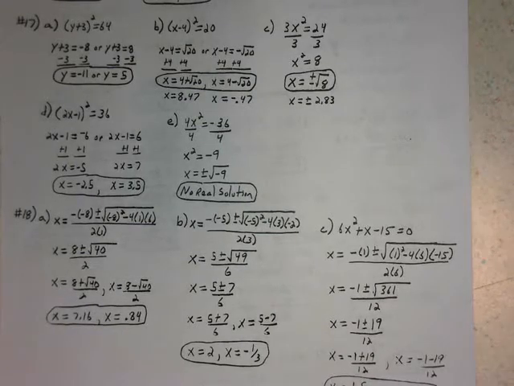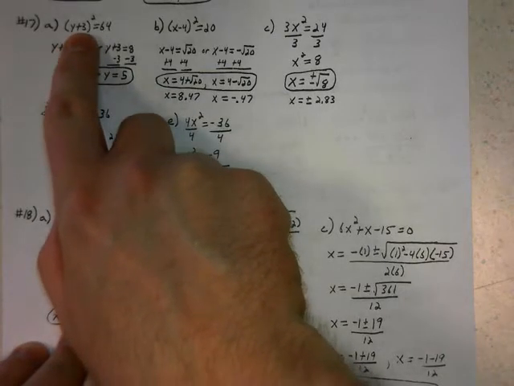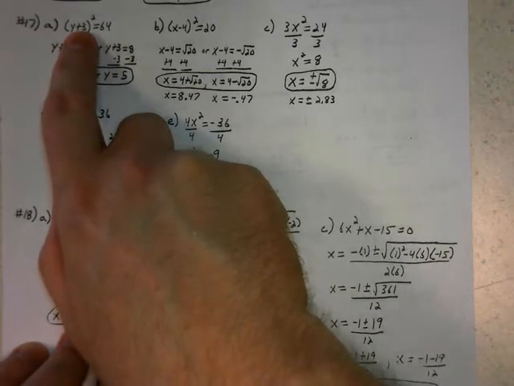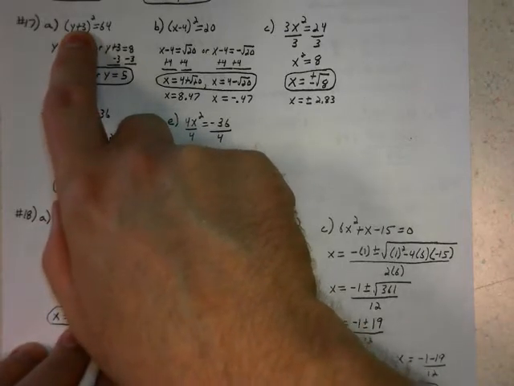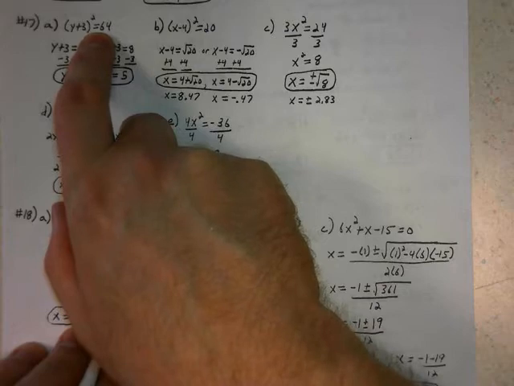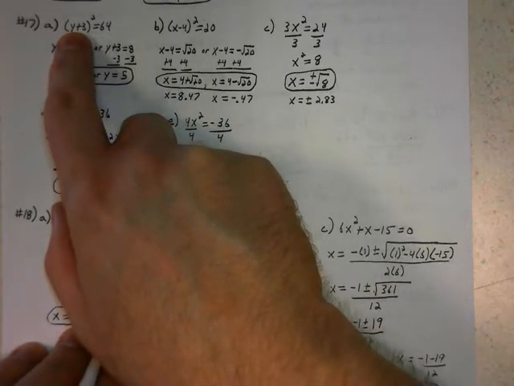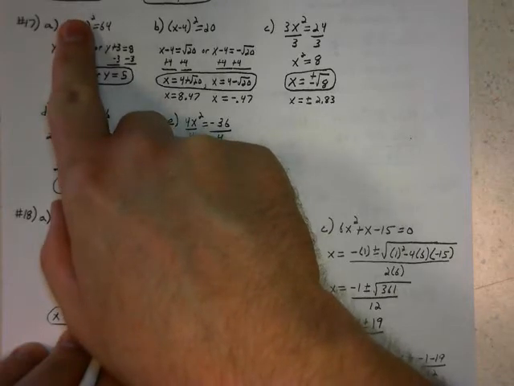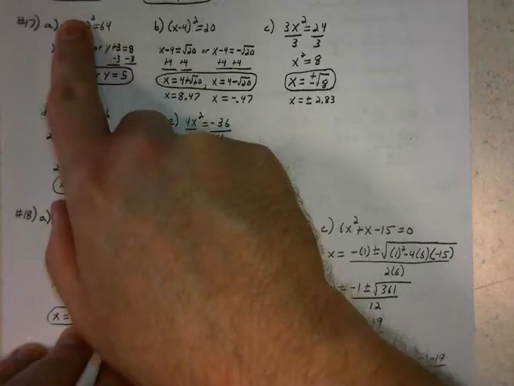And the other three, A, B, and D, if I just look at A, y plus 3, that quantity squared. Well, if you wanted to, you could do y plus 3 times y plus 3 and FOIL that out and then subtract 64 from each side. But this is set up where you could actually square root this. Because if you take something squared equals 64, well, what squared is 64?